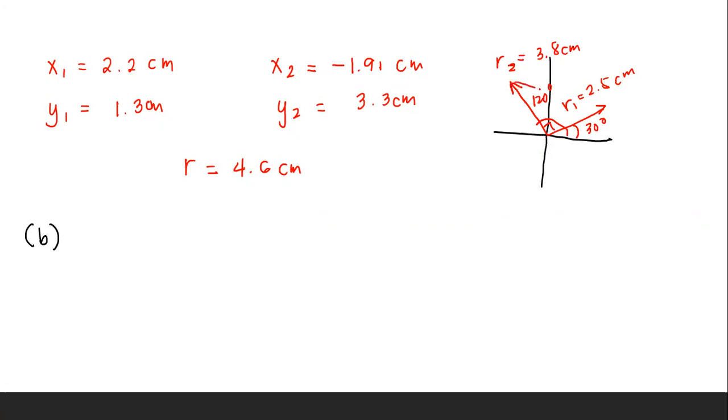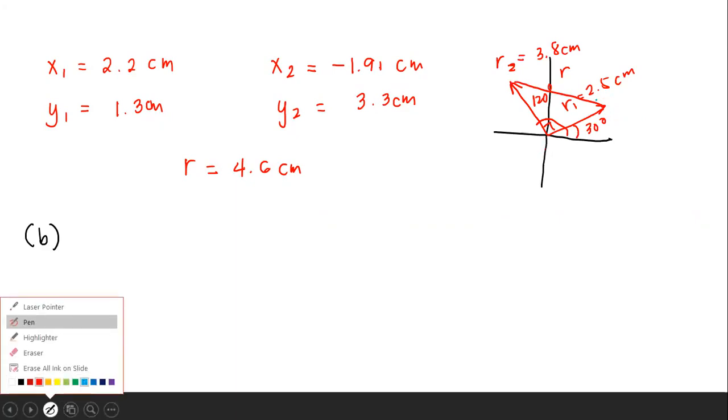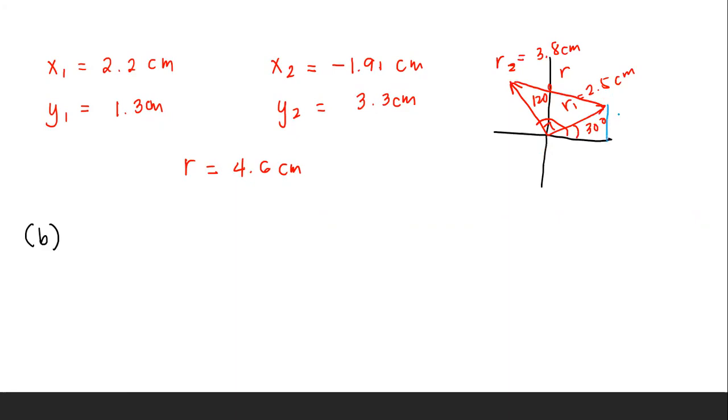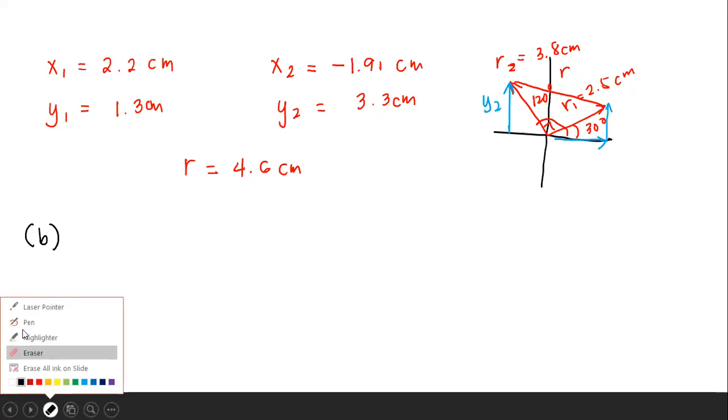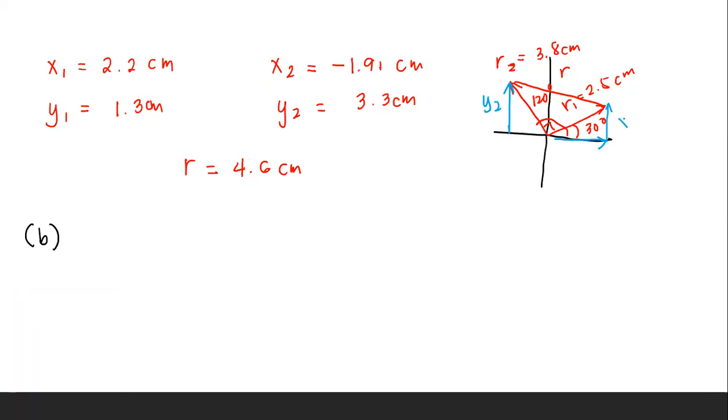Okay, this one would be your R. We have your X sub 1 and then we have Y sub 1, Y sub 2. Correction. This one is Y sub 1, X sub 1, Y sub 2, X sub 2.